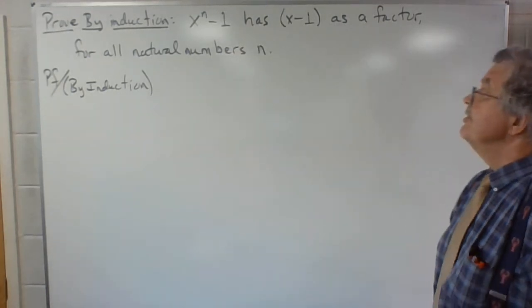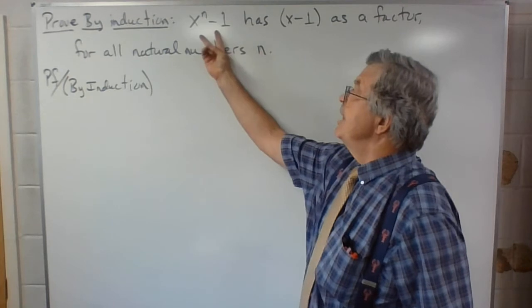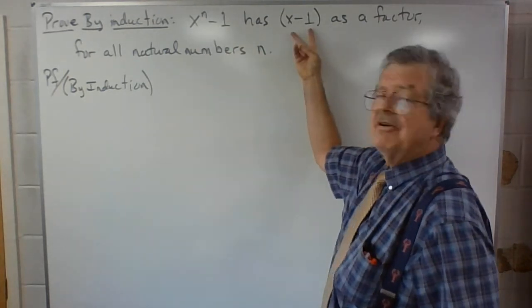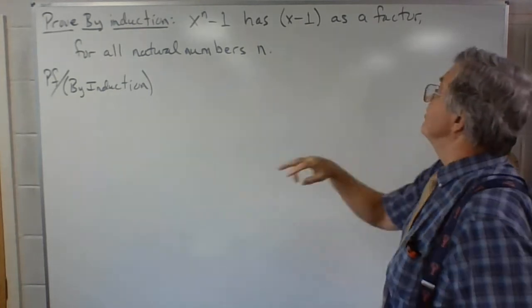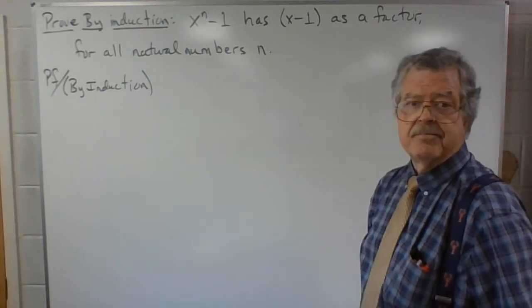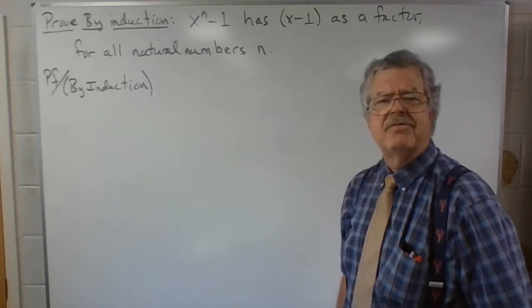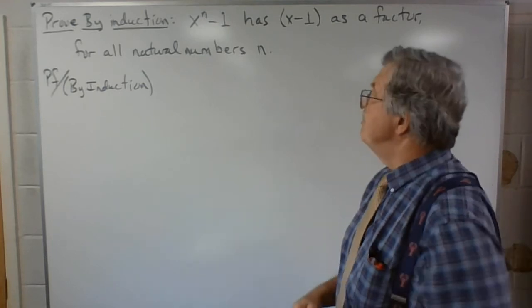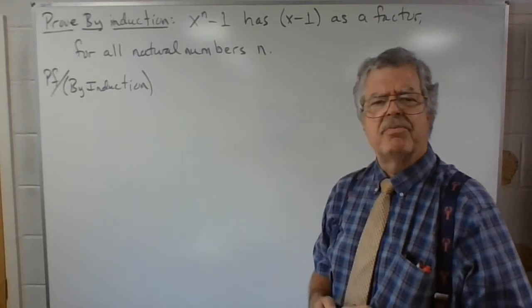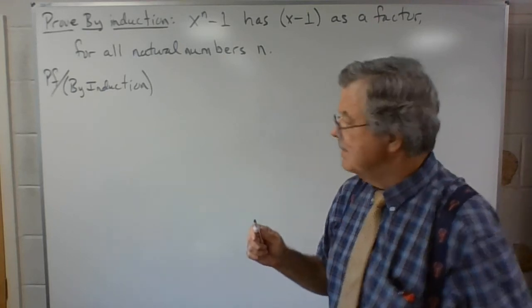The proposition that we're going to prove is that the polynomial x to the n minus 1 has a factor of x minus 1 for all natural numbers n. So what's our first step? By the way, I did mention the word proposition, didn't I?